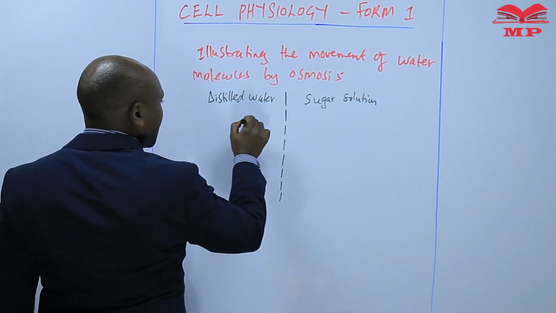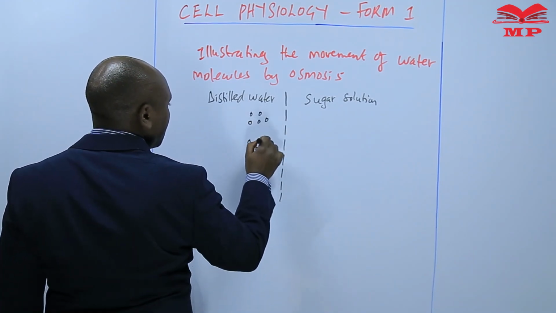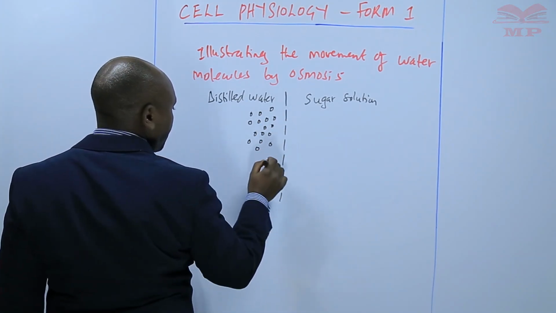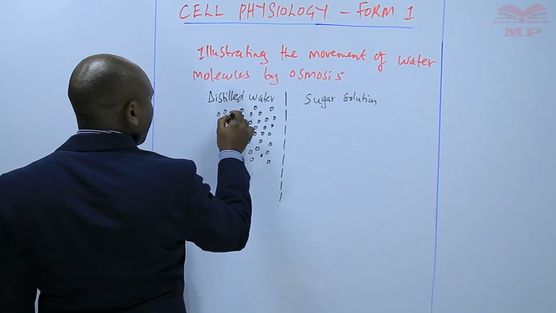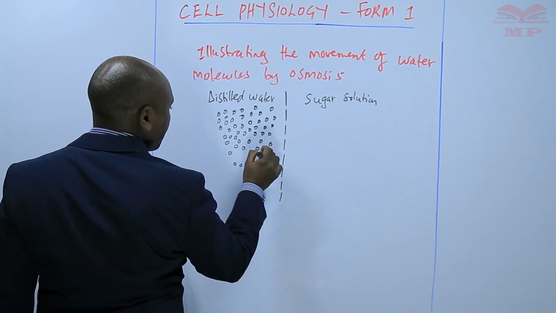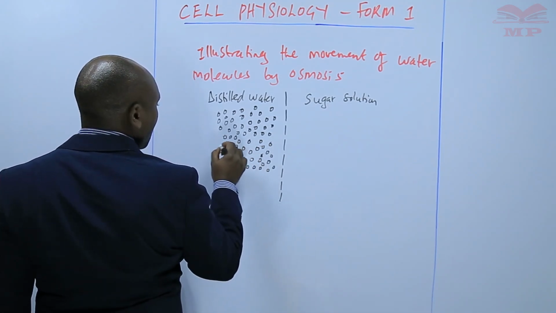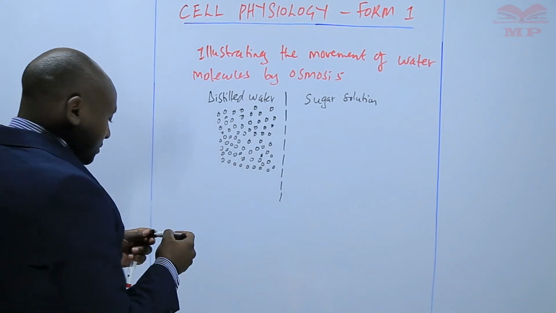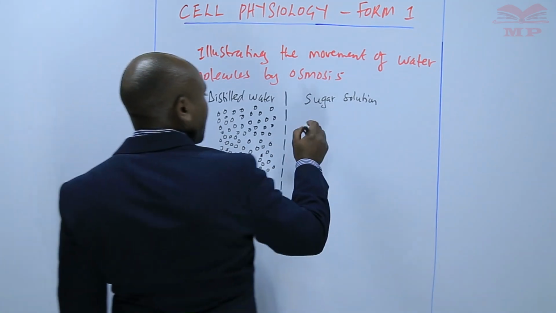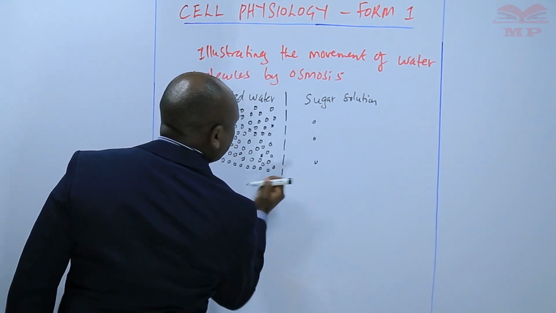So the distilled water has only one type of molecules, that is the water molecules. So that's a region where there is a high concentration of water molecules. And then, of course, on the other side, we have low concentration of water molecules. So they are scattered.